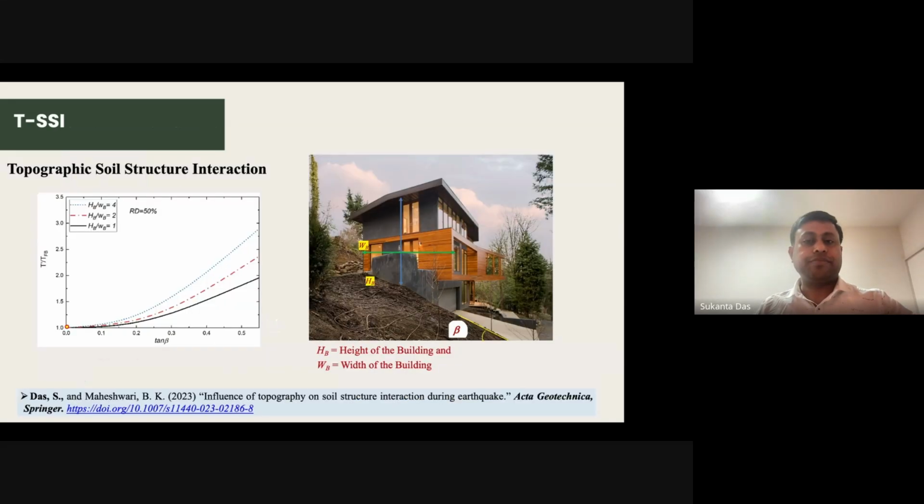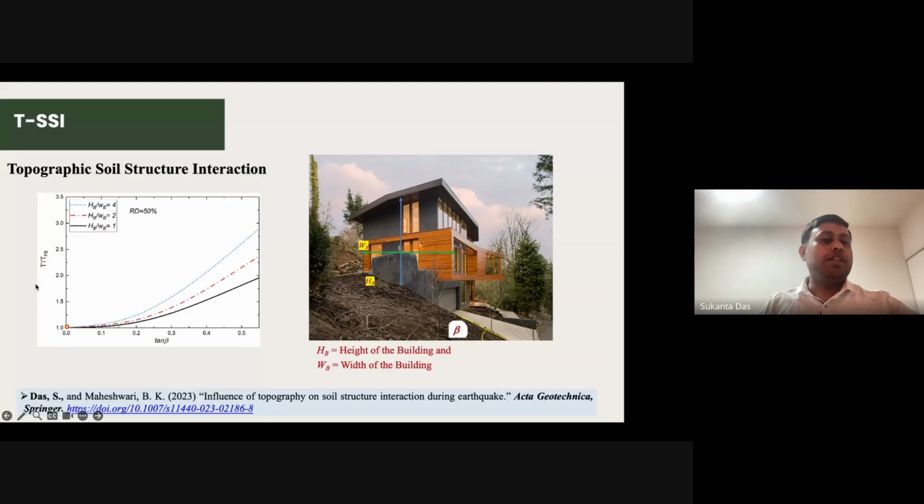Okay, now what I did, I showed in the beginning slide that we consider the soil. Most researchers who have done studies on how buildings are influenced have ignored the soil. But when you have a slope, you can't ignore the soil. Basically, the flexibility of the soil is very important to represent soil structure interaction.